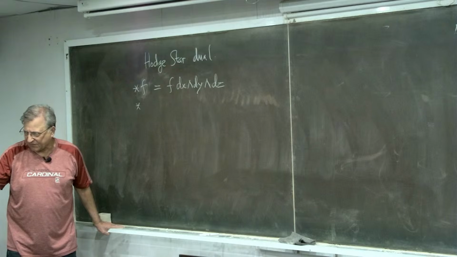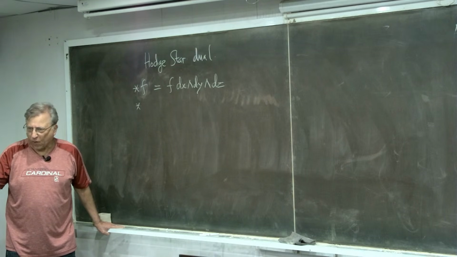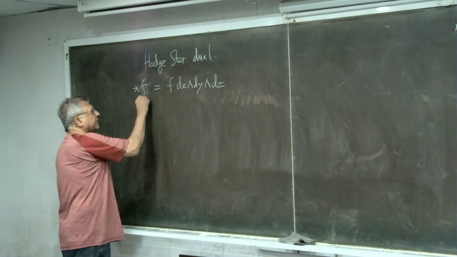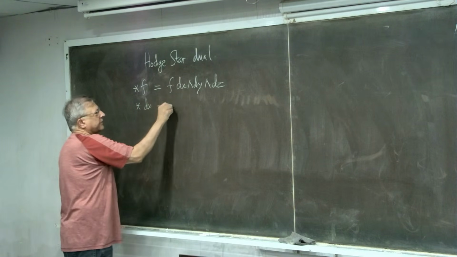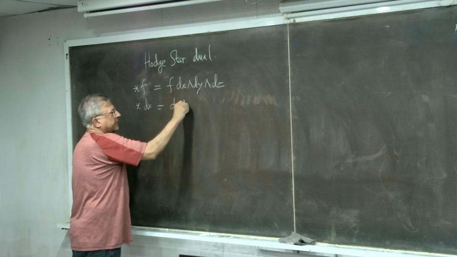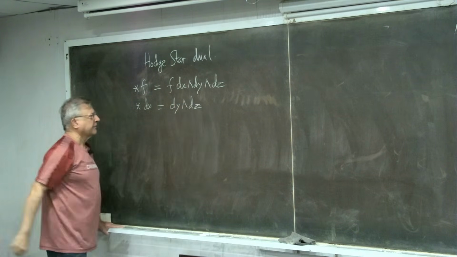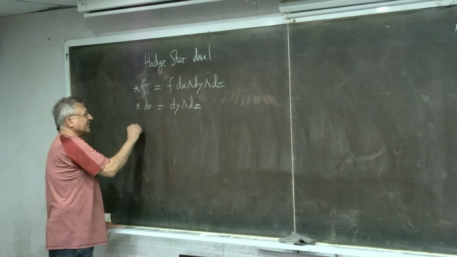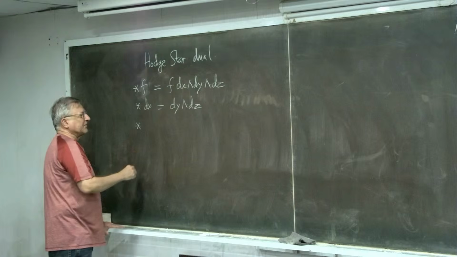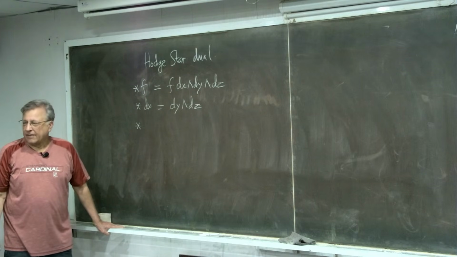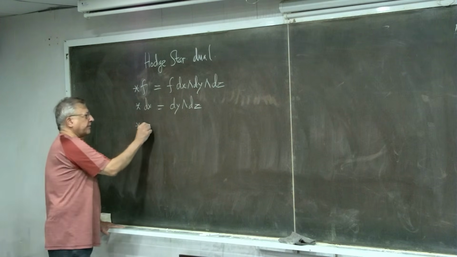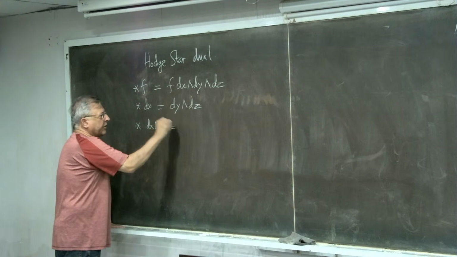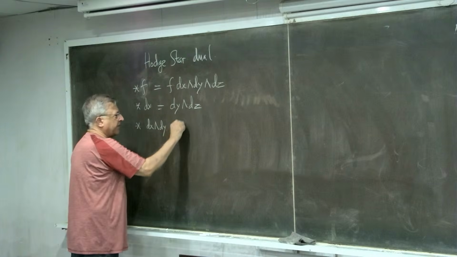So give me an example of a basis 1 form. Dx, very good. Now it's becoming simpler. So suppose I have a 2 form. What do you think this will give me? Dz.